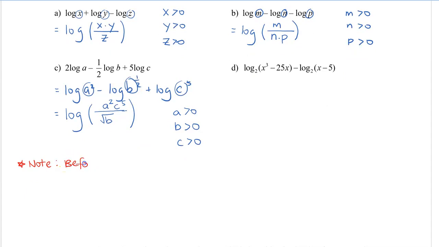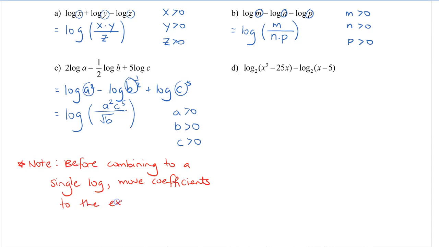Now before going to the last question, an important note about this one again is that before combining to a single log, make sure that you move the coefficients to the exponent.